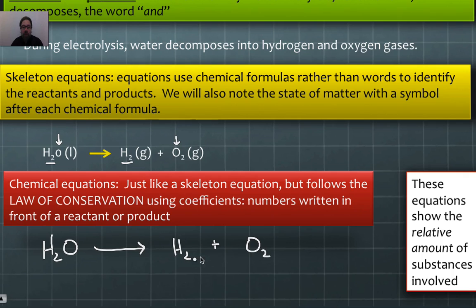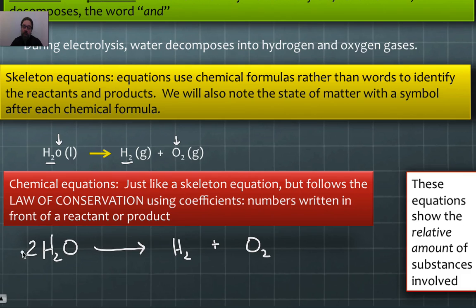It works very well for us. But with the O's, we have 1 on the left and we have 2 on the right. So how we remedy that is by using a coefficient. So what I'm going to do is go way over here on the reactant side and put a 2. Because this 2 holds for everything behind it, including that single O. So now I have 2 O's here, which balance with the 2 O's on your product side.